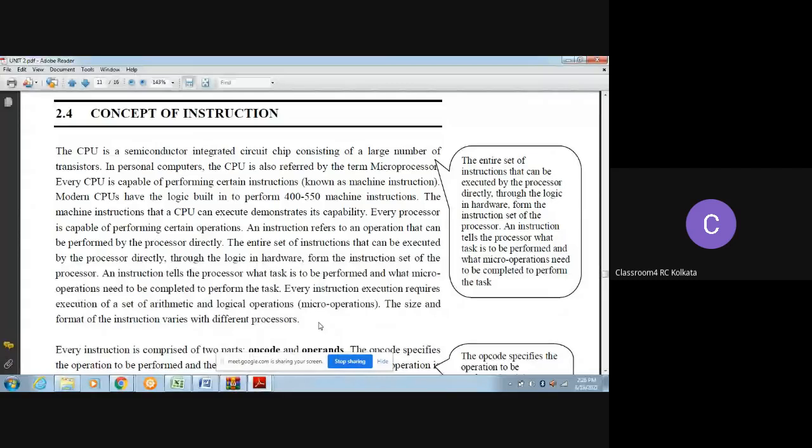Whatever you instruct to the hardware or to the machine, that is simply a coding. So through this coding we basically give the job to the CPU to process, and the CPU processes this job or this task and gives the result. This is the concept of the instruction.